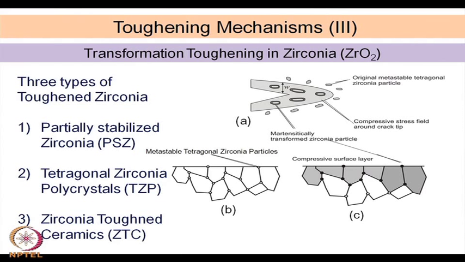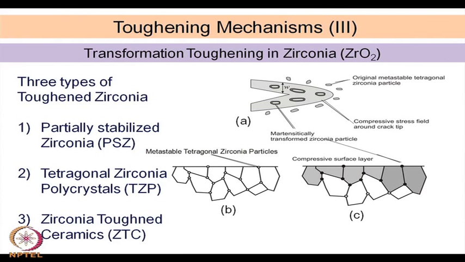So, the basic matrix is that of magnesium oxide or aluminum oxide, in which some fraction of zirconia is added, either in the tetragonal form or maybe in the monoclinic form, right.